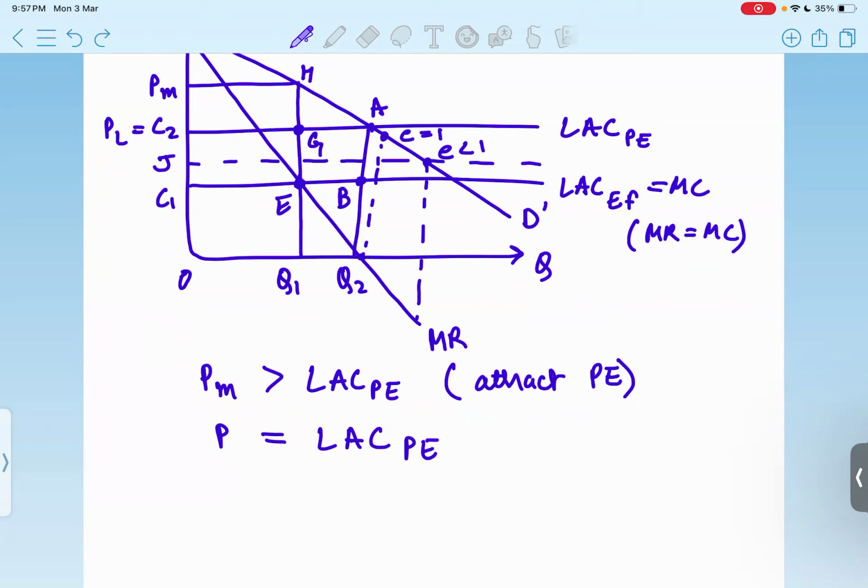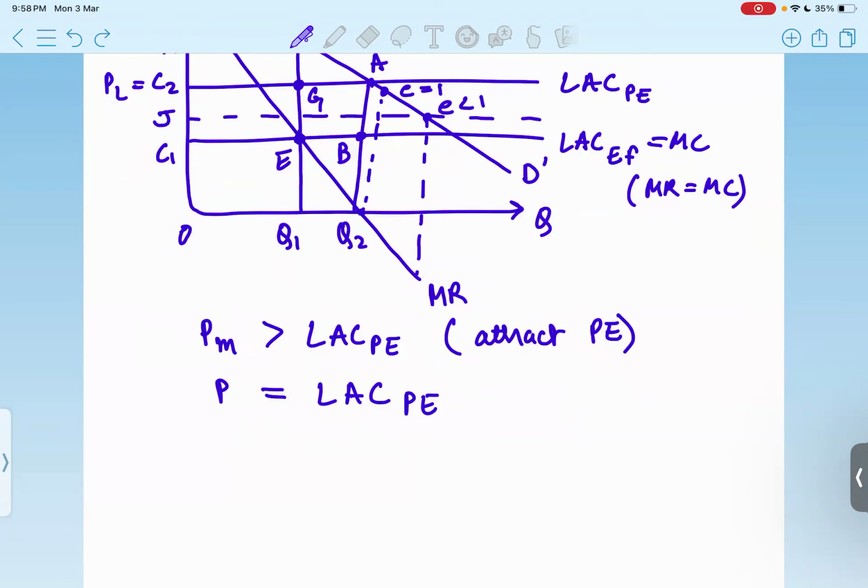If they supply more, price is going to fall further down from this level, and the potential new entrants will end up making losses if they enter at this price level. Hence they decide not to enter the industry, and this becomes the limit price. So that is one of the mechanisms of deciding this.